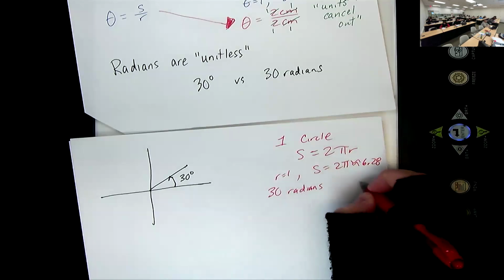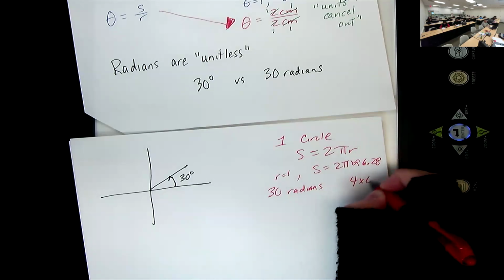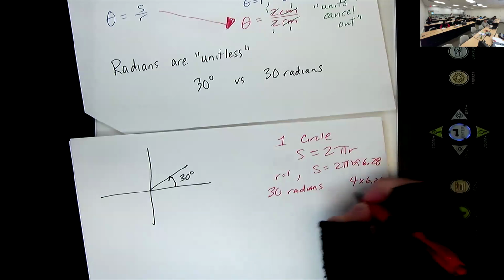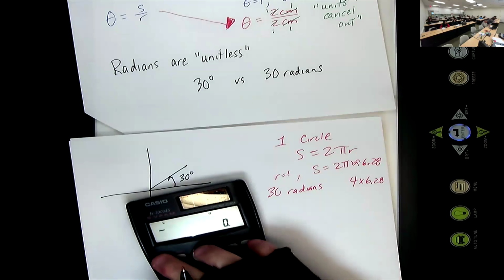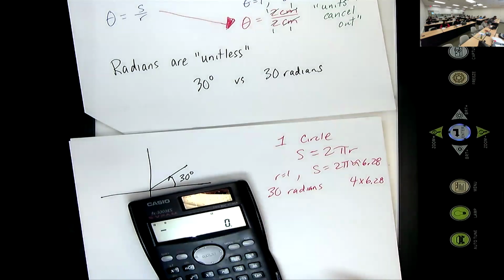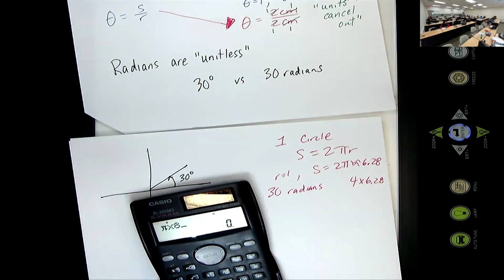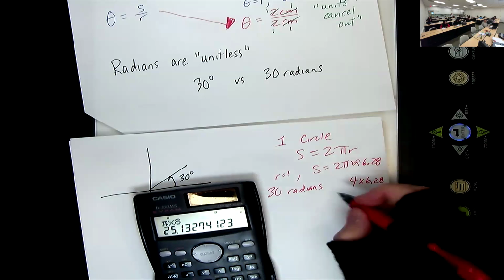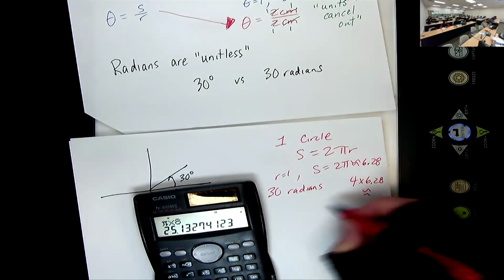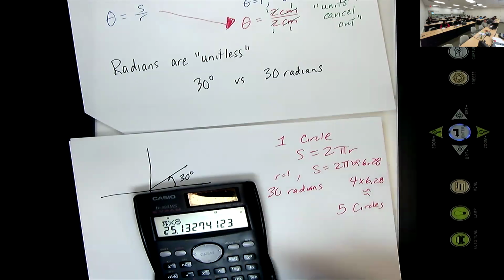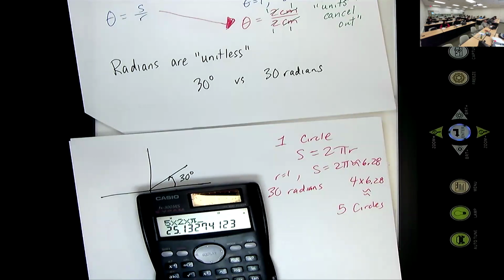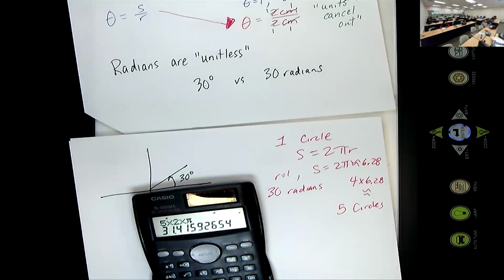Well, 4 times 6.28 is, what is 4 times? Actually, more of looking at 8 times pi. It's about 25. 5 full circles, 5 times 2 times pi is 31.4.